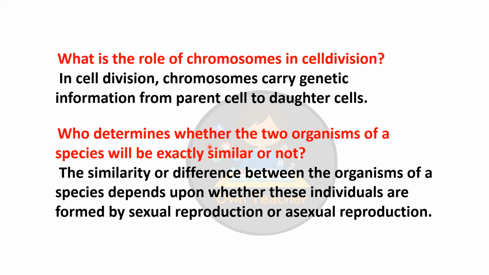What determines whether the two organisms of a species will be exactly similar or not? The similarity or difference between the organisms of a species depends upon whether these individuals are formed by sexual reproduction or asexual reproduction.